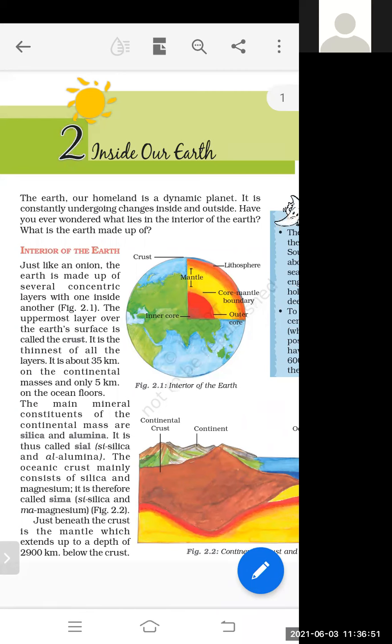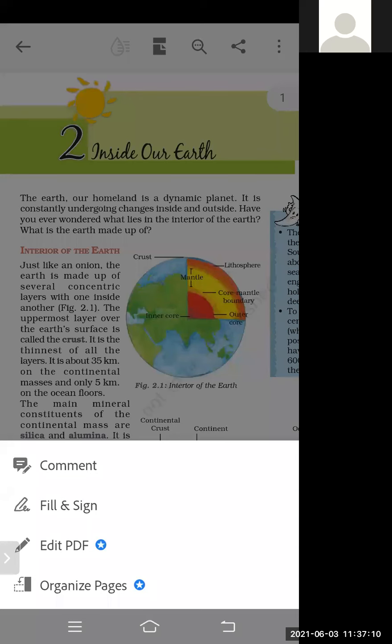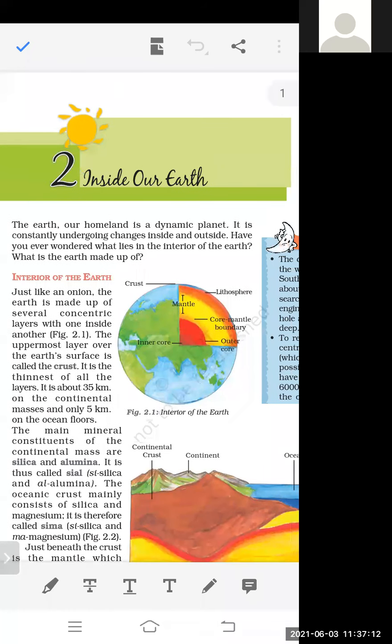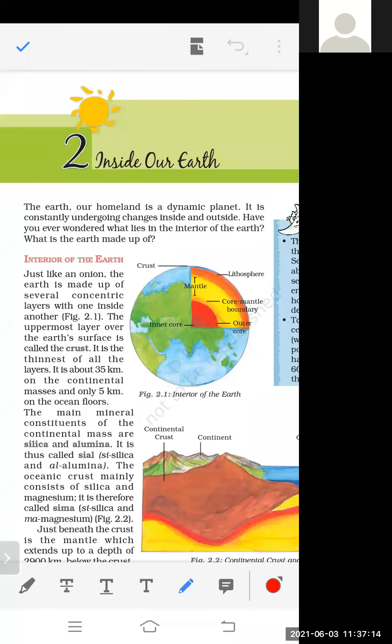Now in science you also read that the high density material, high weight material, stays beneath, and the lighter weight material is placed over it. Similarly, when our earth was formed, the heavy material sank down and settled in the earth.